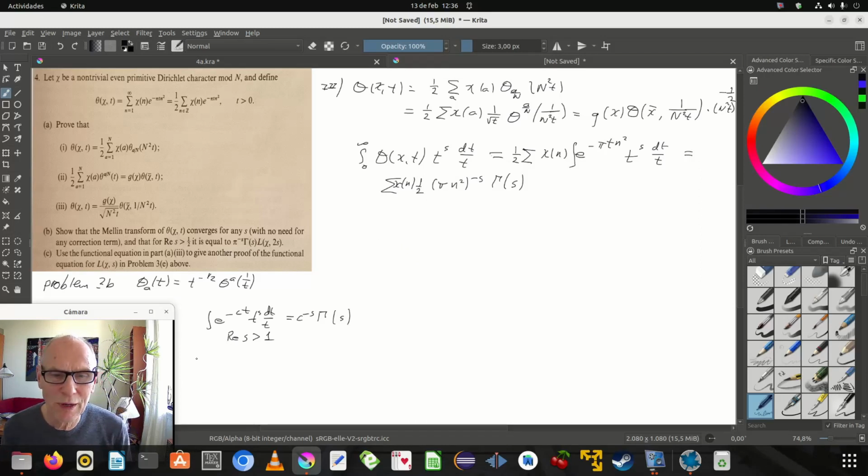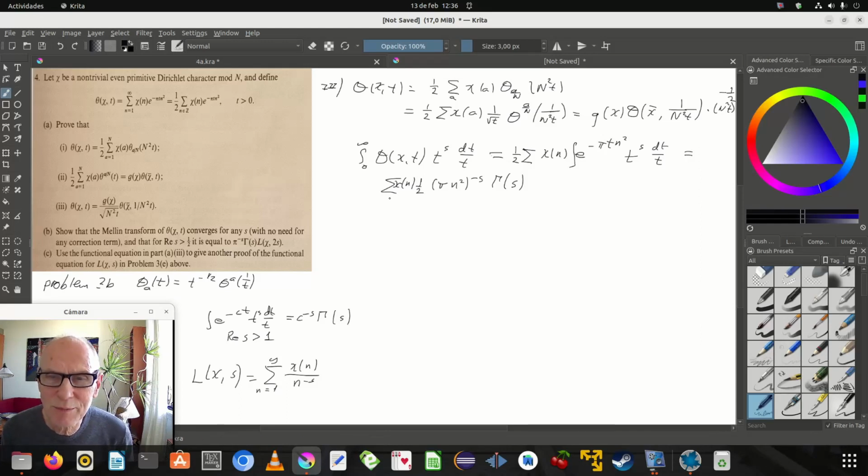To get L of chi s, of course I should have used s halves, but then I'll get something. No, it's still n to the 2s, all right.